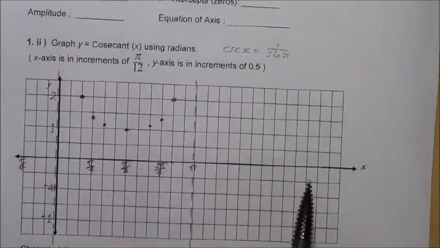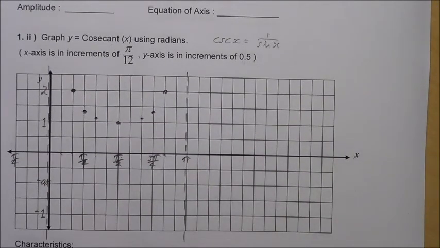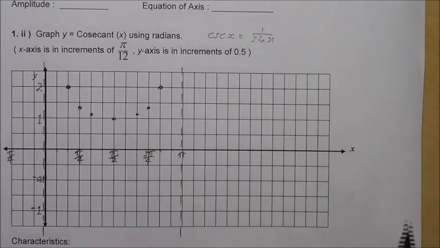When we go into quadrant 3, what trigonometric ratio is positive in that quadrant? Yes, which means that the one we're dealing with right now is not positive. Exactly, so that would be negative.